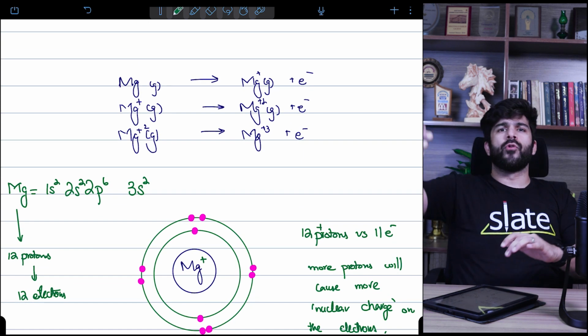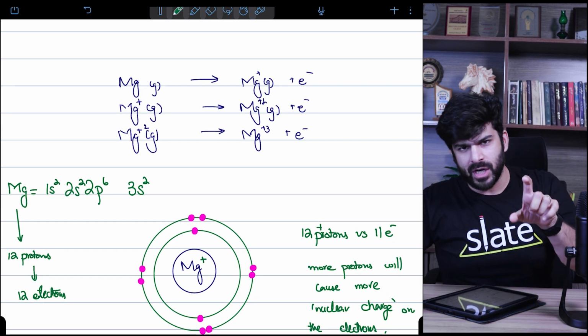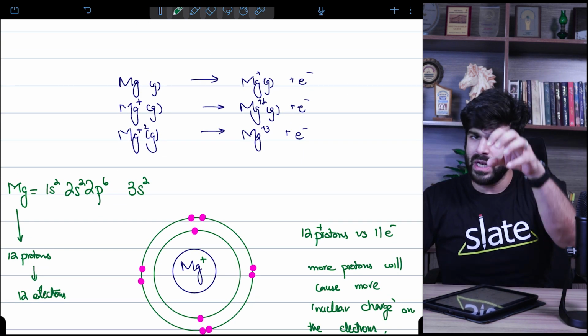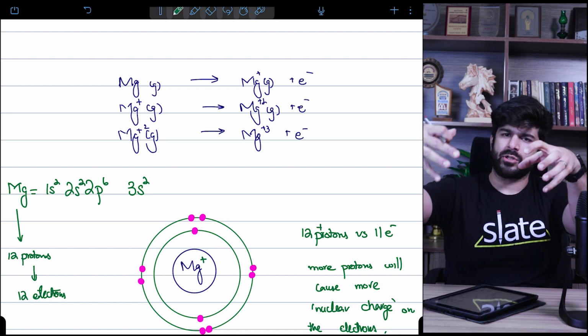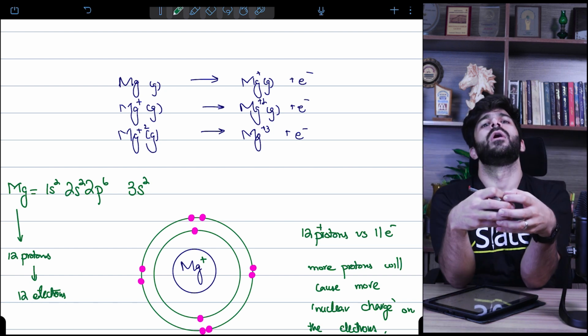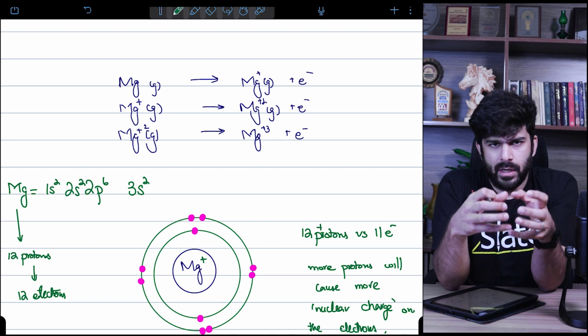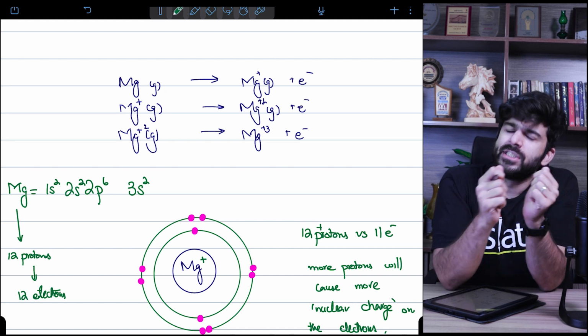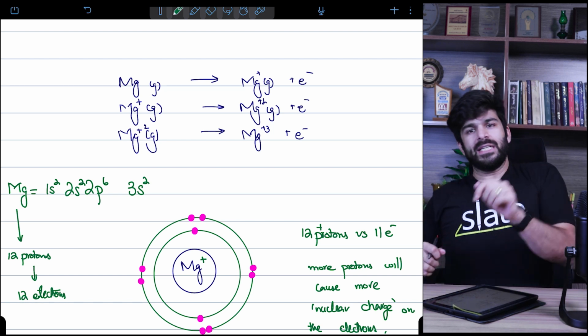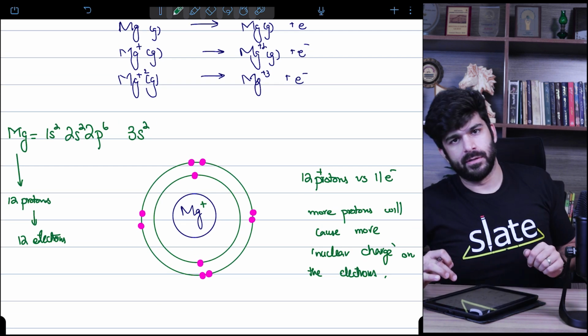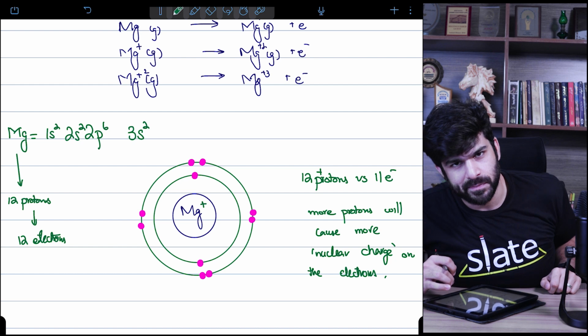And so on and so forth. The number of protons will remain the same, but electrons will start decreasing, and there is more nuclear charge on those electrons, hence more attraction and more energy is required to remove them. Now that's one thing. Look at this now. What has happened here? I removed 2 electrons from magnesium.